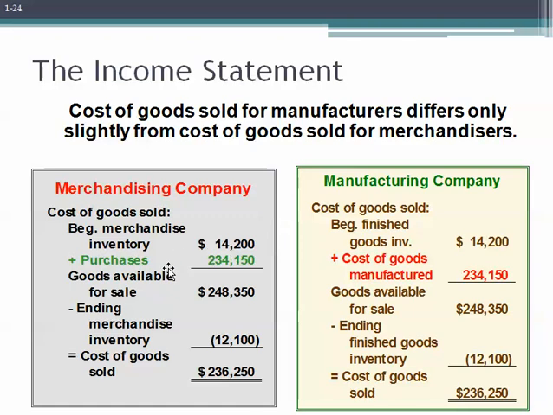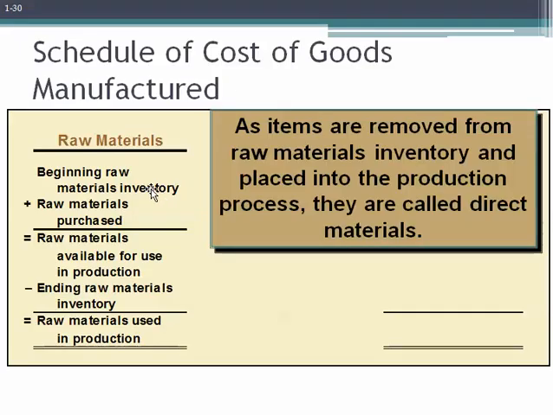You might have noticed this looks a lot like the cost of goods sold section of our merchandising company, where we have beginning merchandise inventory plus purchases gives us goods available for sale, and then we deduct our ending inventory to calculate our cost of goods sold. And you can see the similarity. Our beginning inventory plus purchases gives us materials available for use.